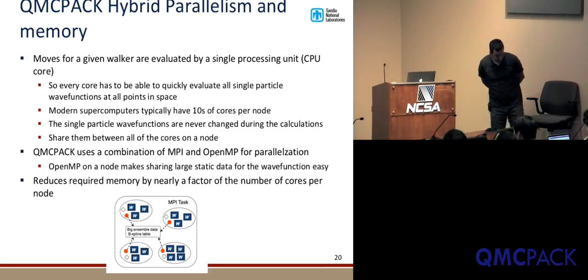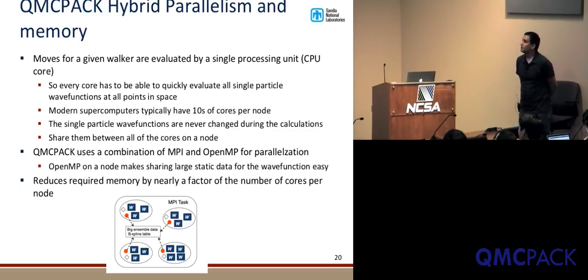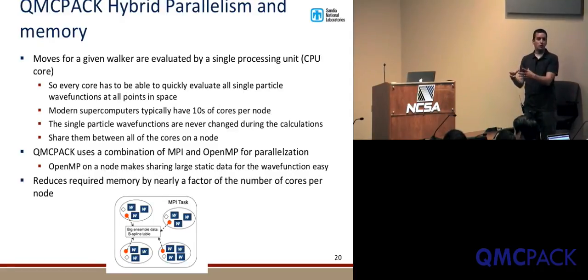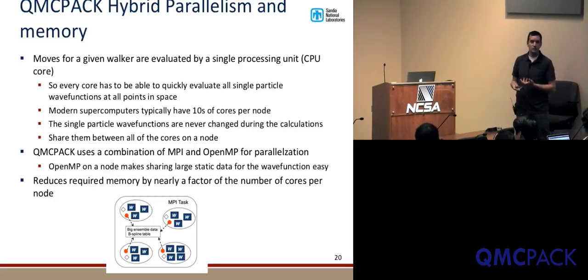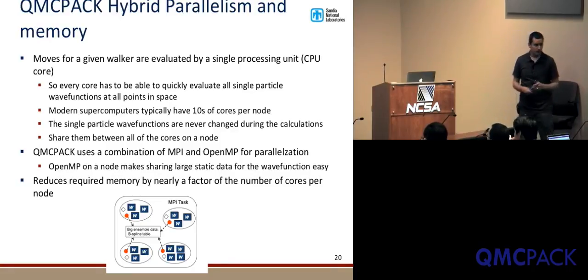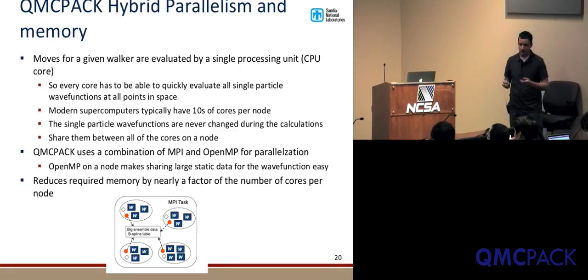So QMCPACK was also designed sort of from the ground up to make things like this work. Zhangnim described this a little bit in her talk yesterday. But the way the code is structured is that on a given node of your supercomputer, which generally has on the order of tens of cores these days, we have a single, say, MPI process, or maybe you'll do an MPI process per NUMA or something like this.